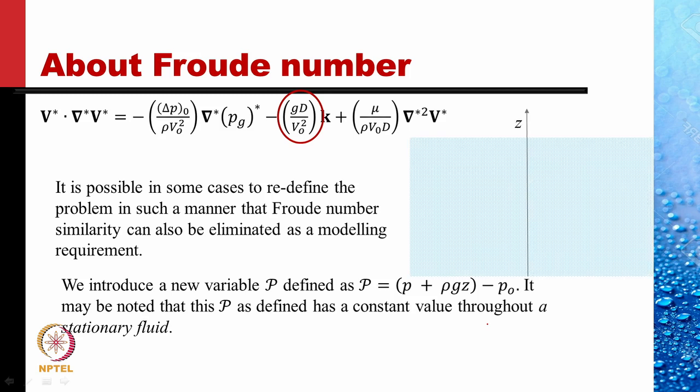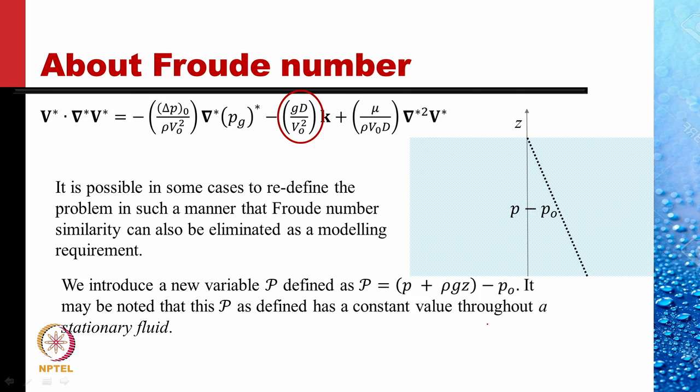For example, if we have a fluid in this region, the pressure varies like this. This broken line shows the plot of the gauge pressure, P minus P naught, increasing with the depth in the fluid.